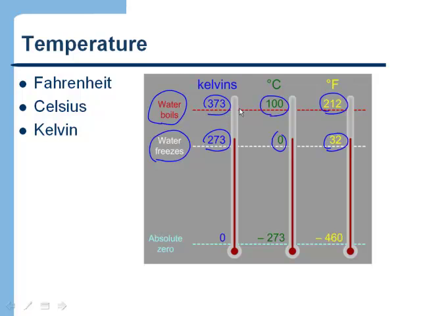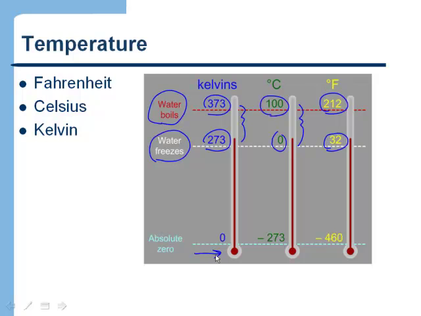One of the things you'll notice here is that the Kelvin scale and the Celsius scale both have 100 degrees between water freezing and water boiling. So really the only difference between those two scales is where 0 is, but the size of each degree is the same. The Kelvin scale is set so that 0 is way down here, and we call that absolute 0 because that's actually the lowest possible temperature.